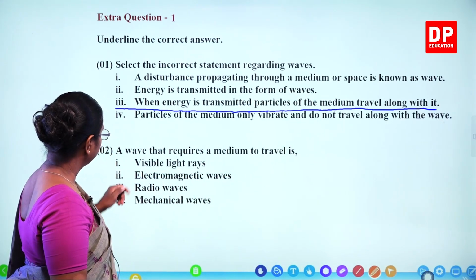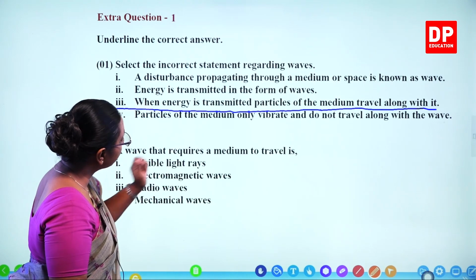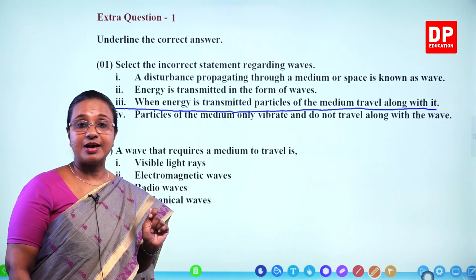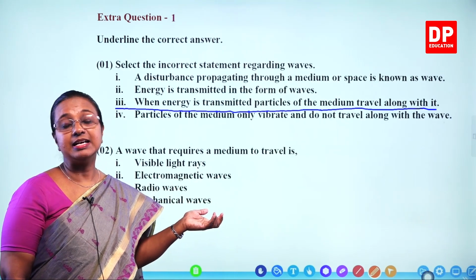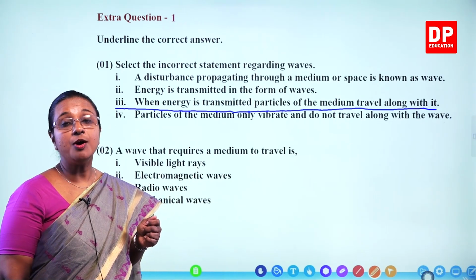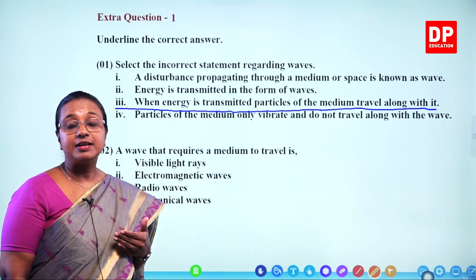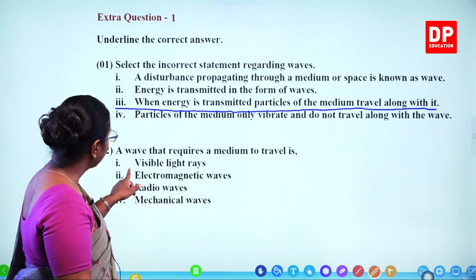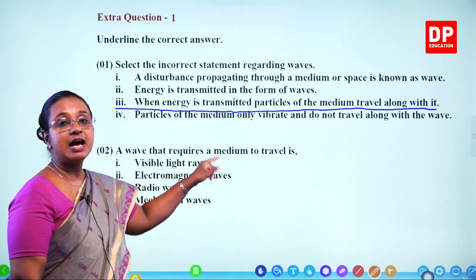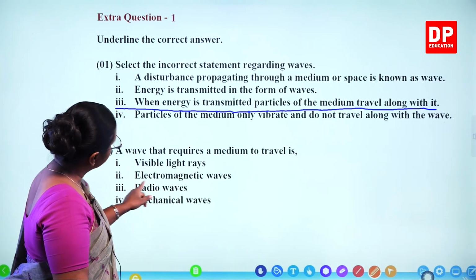Second question. A wave that requires a medium to travel is. You all know only the mechanical waves need a medium for propagation. Electromagnetic waves do not need a medium for propagation. Visible light rays, they are electromagnetic.